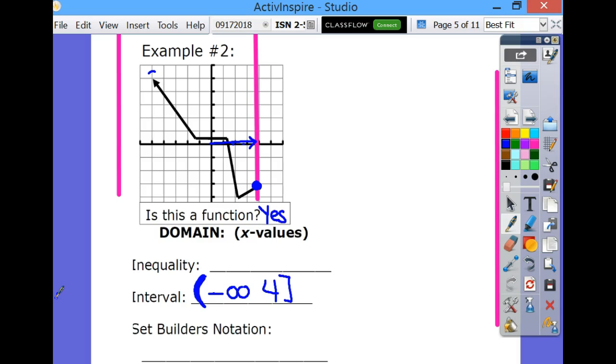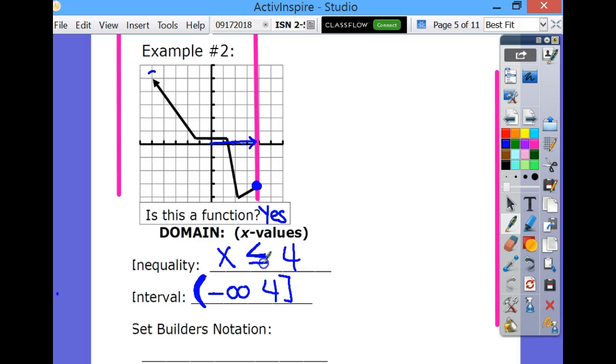How many endpoints do I have? One endpoint. When you have one endpoint, the variable comes first. Now, this arrow is going off to the left. Left is less than.